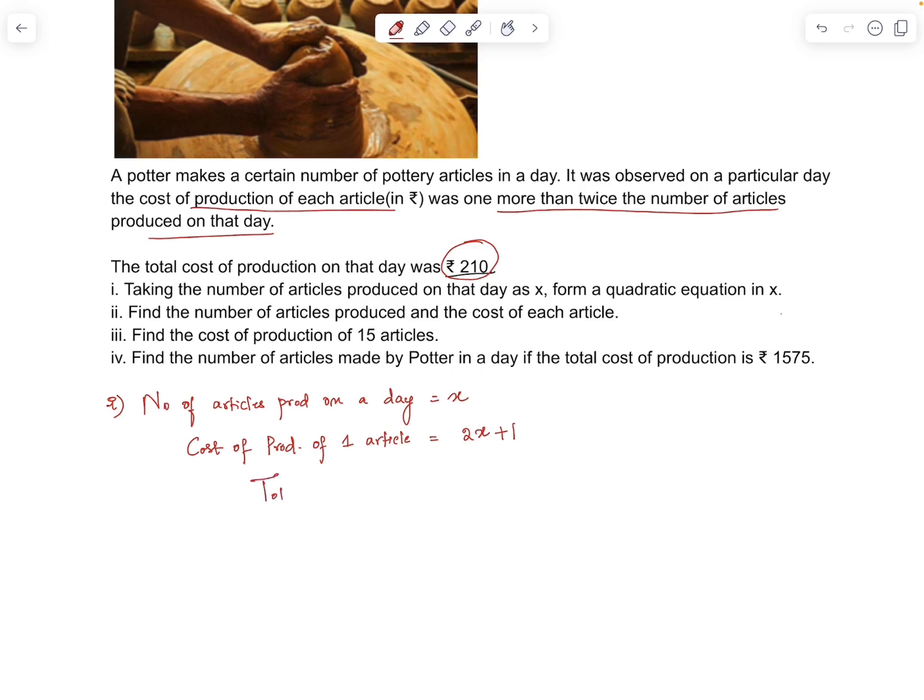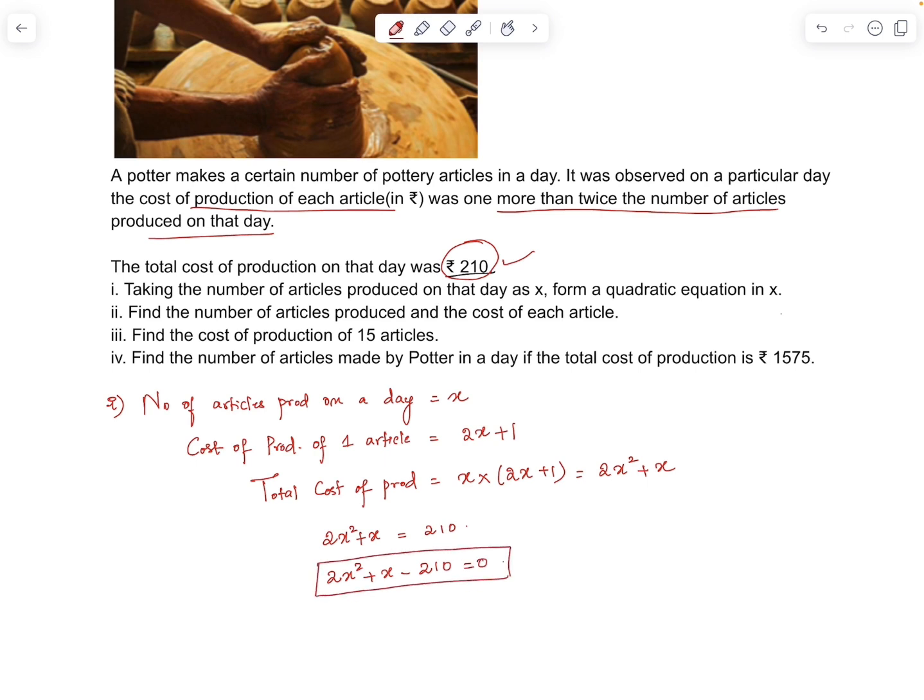From this, we can calculate the total cost of production on that day, which is number of articles times per article cost of production, which is x times 2x plus 1, which is equal to 2x square plus x. The cost of production given in the question is rupees 210. 2x square plus x can be equated to 210. That is 2x square plus x minus 210 is equal to 0. This is a quadratic equation representing the situation in x.